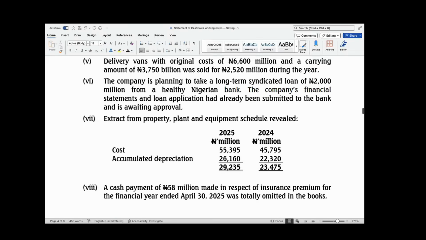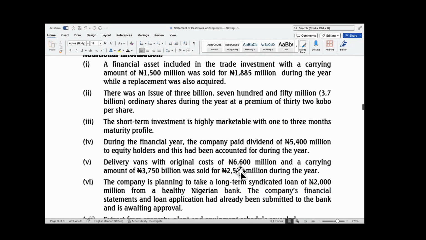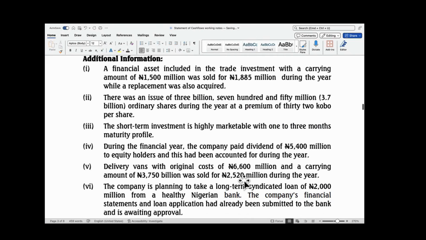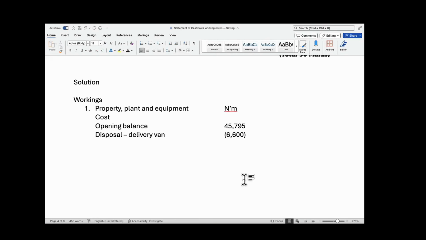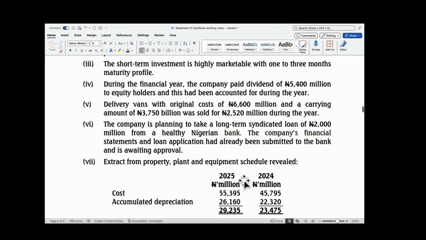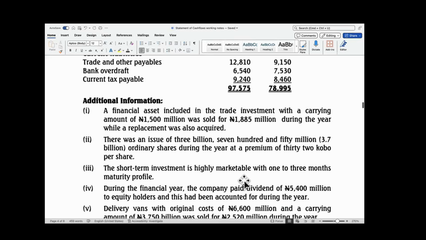Now, they didn't tell us that there was any addition, so I don't want to assume. They didn't tell me that they bought any plant during the year. Is there any other movement that they tell me here? There is no movement.